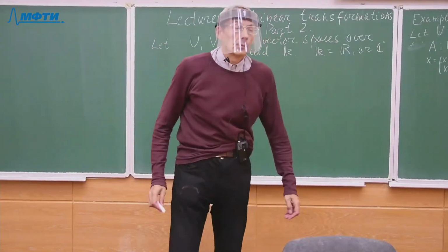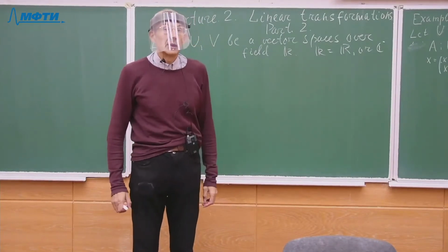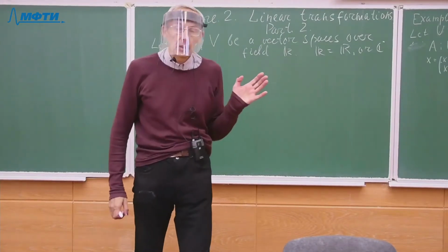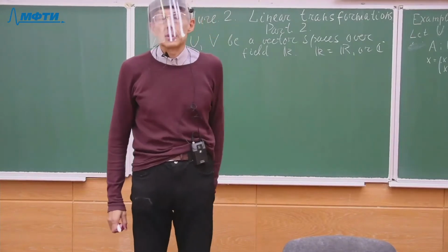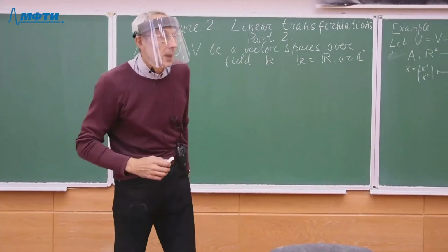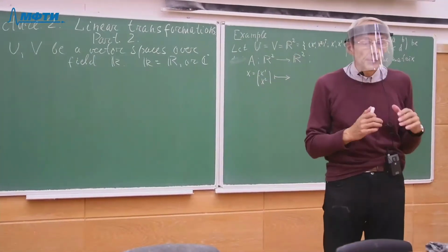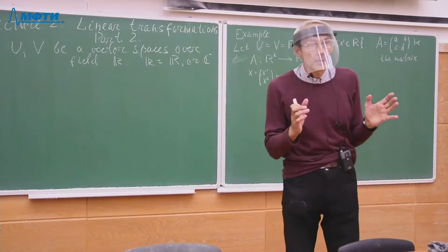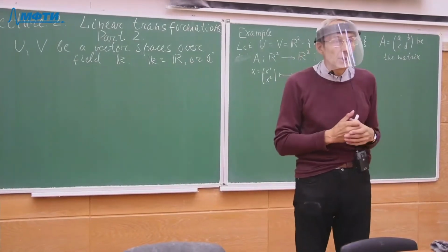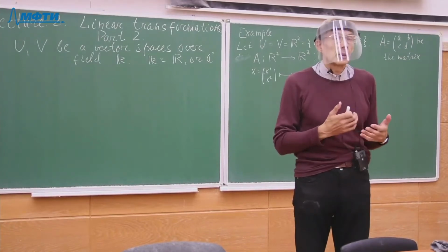Now we'll continue to study the so-called linear transformation, and I briefly recall the main idea of the last lecture. Our aim in this lecture is to study the linear transformation.